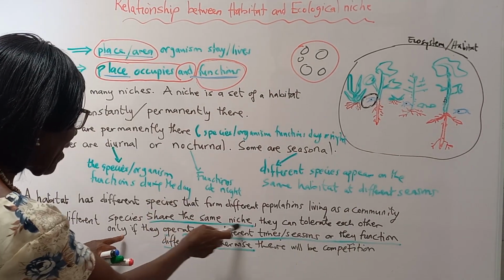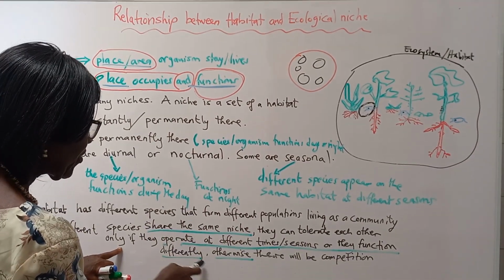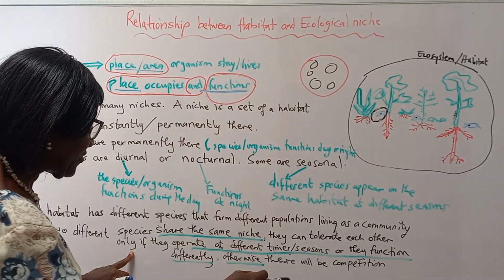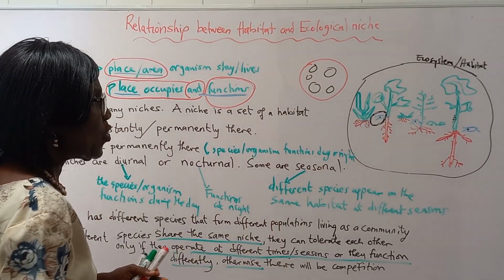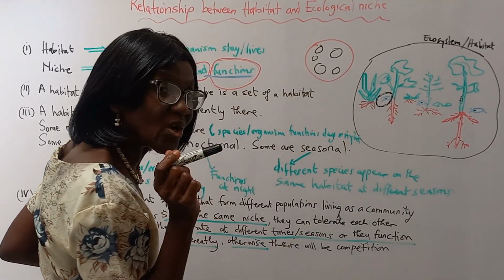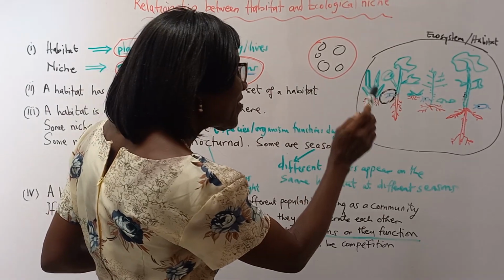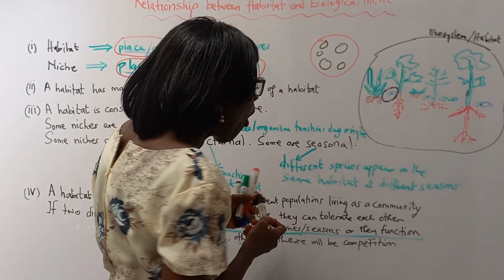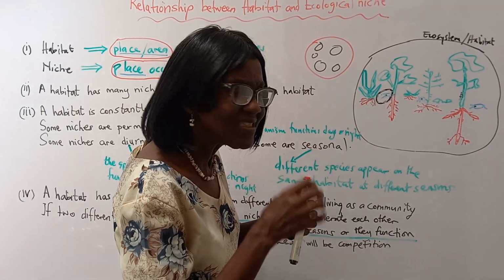They can occupy the same niche also at different seasons because they will function or come around in different seasons. So when different species occupy the same niche, it means they can tolerate each other because they function at different times, or they appear at different seasons, or they function slightly differently.